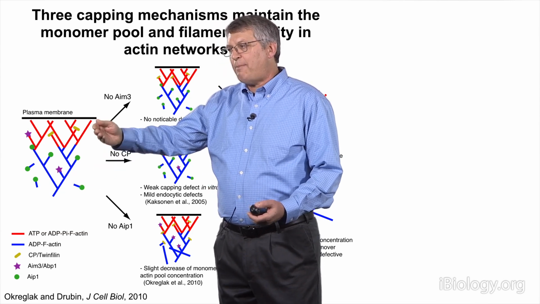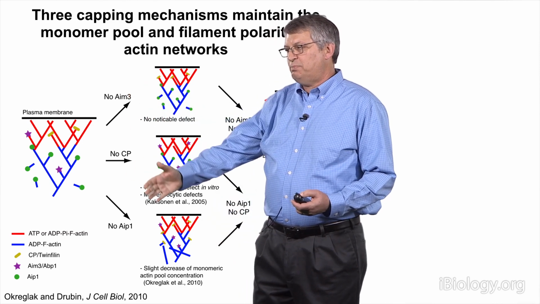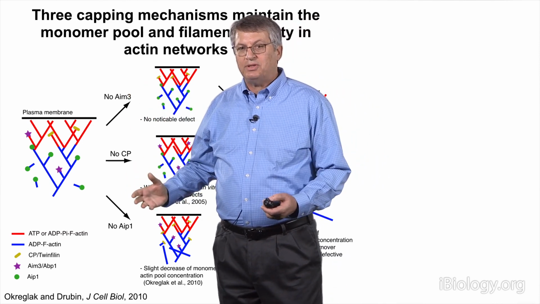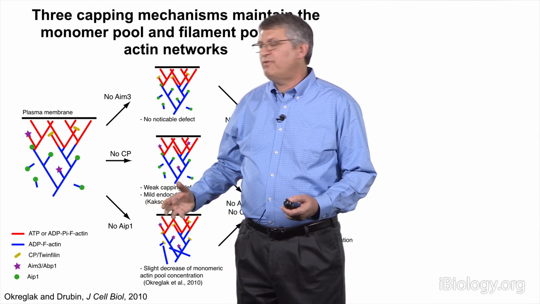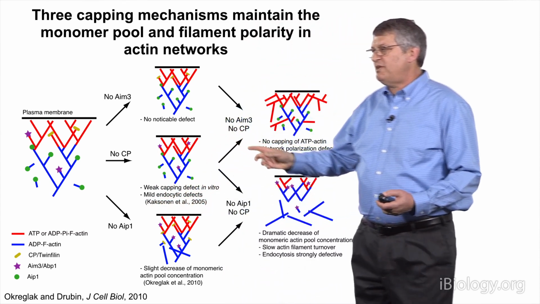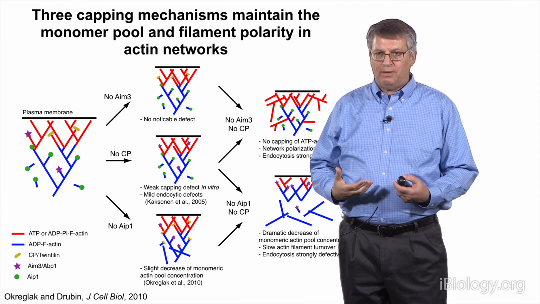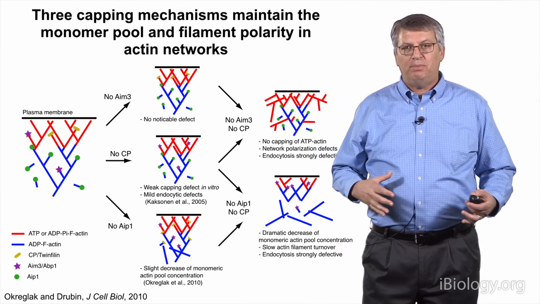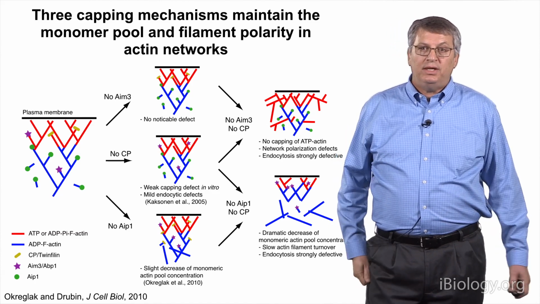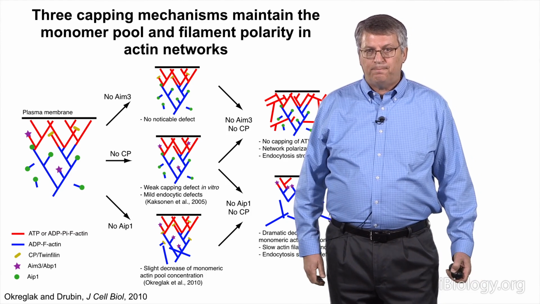And the AIP1 and capping protein occupy different parts of the network. When we eliminate one of these proteins, the other proteins are able to step in and provide enough capping activity to control the network. But when we make specific pairwise combinations, the whole network breaks down because the cells no longer have the ability to control the assembly of their actin network.